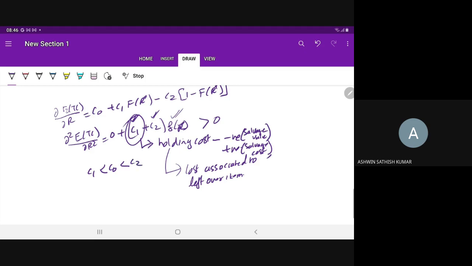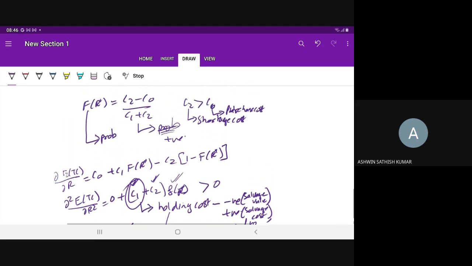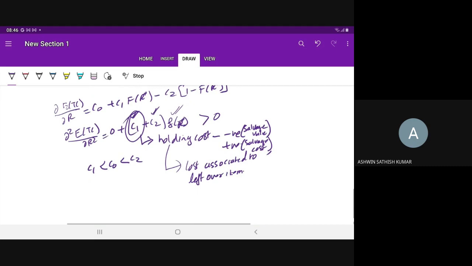Already we have seen that the shortage cost must be greater than the purchase price C0; then only will you go into business. So C1 plus C2 will always be positive, whether C1 is negative or positive.